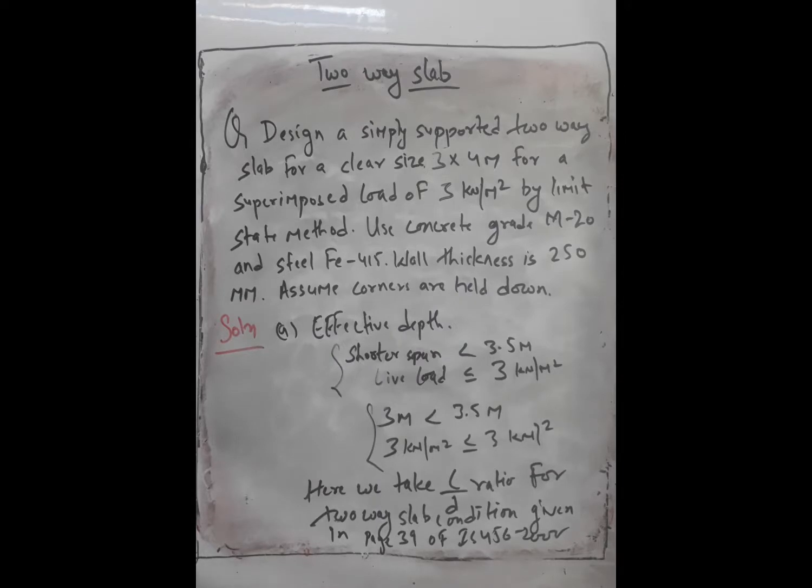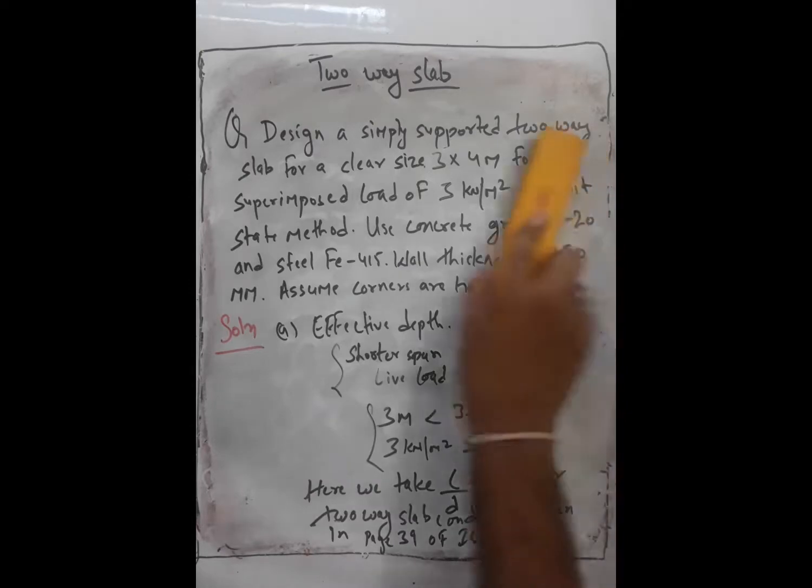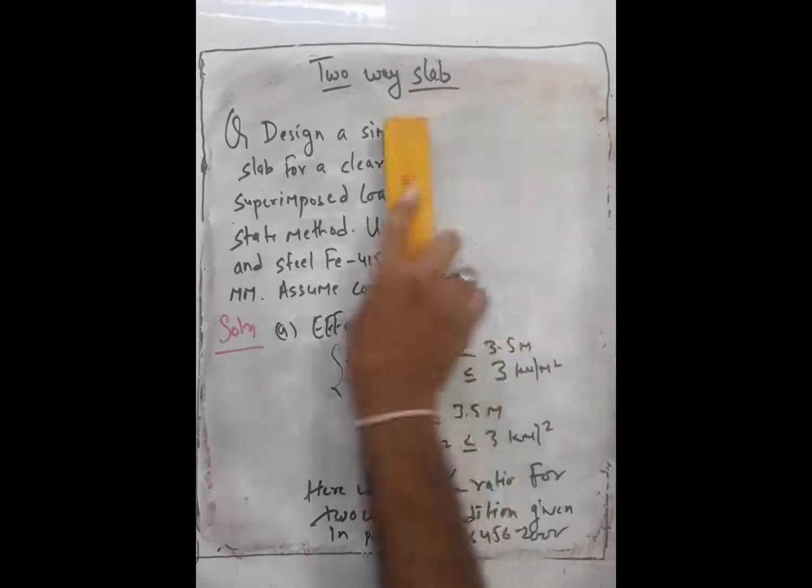If this condition is satisfied then we take the L by D ratio which is given on page number 39 of IS 456 2000. Here we are given Fe 415, so we have to take the L by D ratio according to that. So let's find the effective depth.